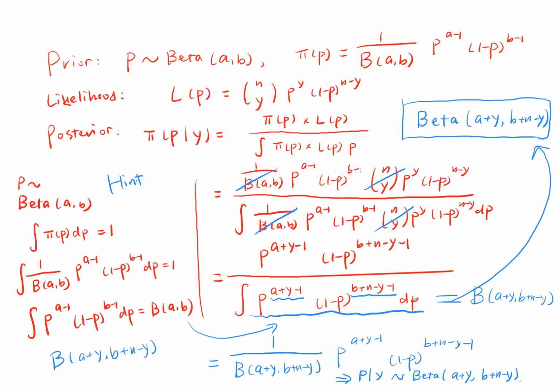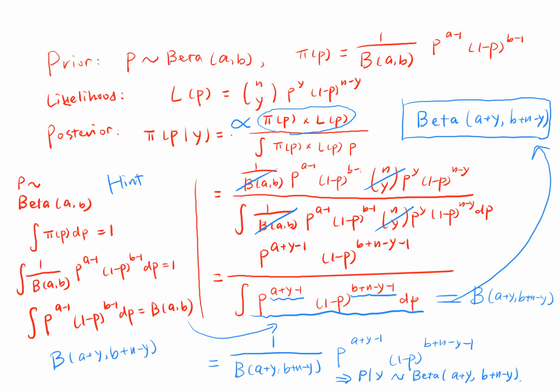Now, we can actually just work with the numerator and go with the proportional sign like we did before. For a lot of the models that we're going to cover in this course, you will see that that's what we go for. We focus on the product of the prior and the likelihood, and then try to recognize what that distribution is. This particular part is just to show you that indeed we can derive the exact posterior distribution.